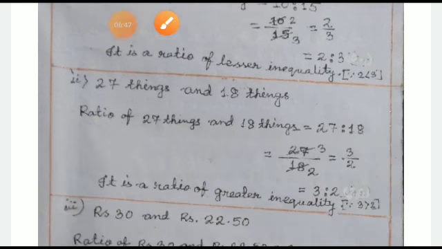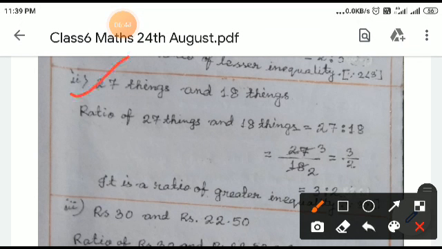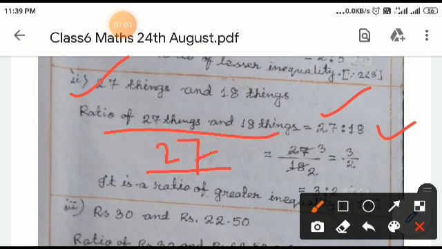Now sum number 2, here given 27 things and 18 things. Ratio of 27 things and 18 things equals 27 is to 18. No unit, we will not write any unit. Now expressing as a fraction, we are getting first term numerator 27 and second term denominator 18.